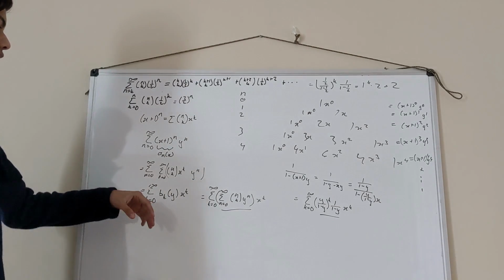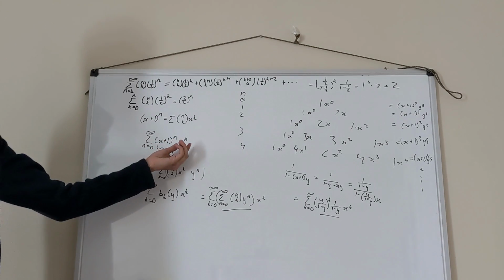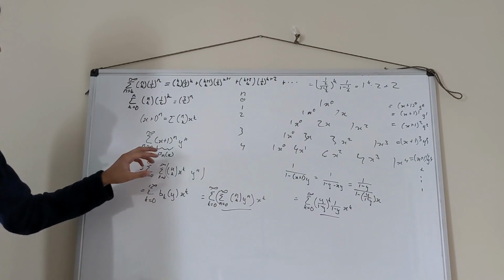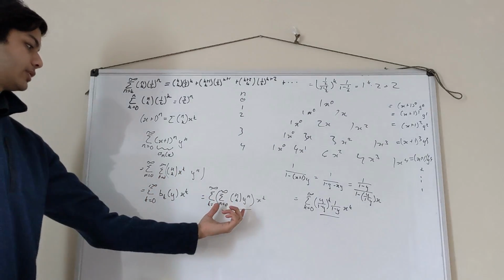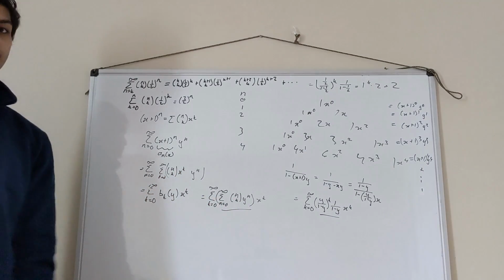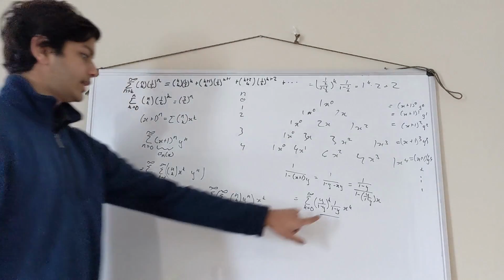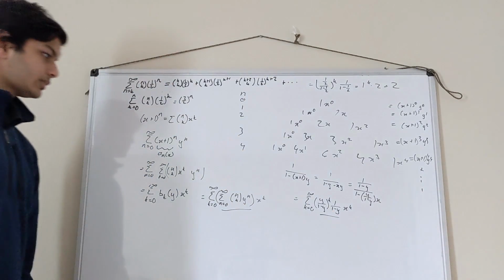And so by regrouping this in terms of y, we know that each of the row sums is (x plus 1) to the power of n. And by regrouping that in terms of x, we know that this sum, through two infinite geometric series, which isn't too difficult to do, is equal to this.